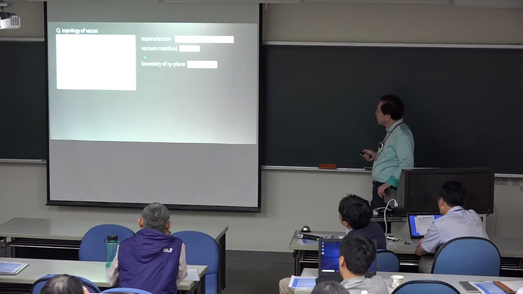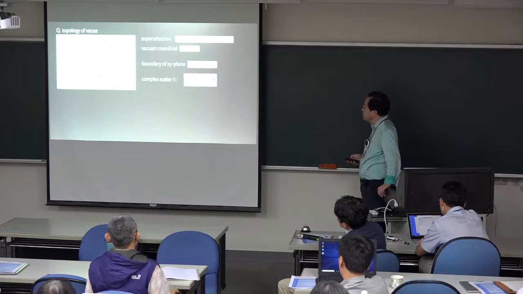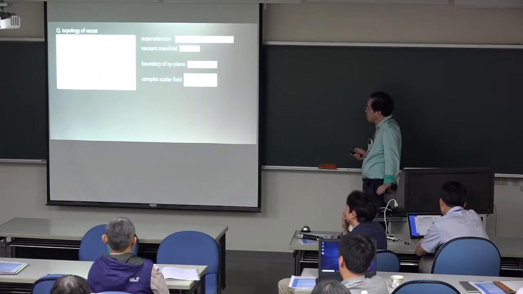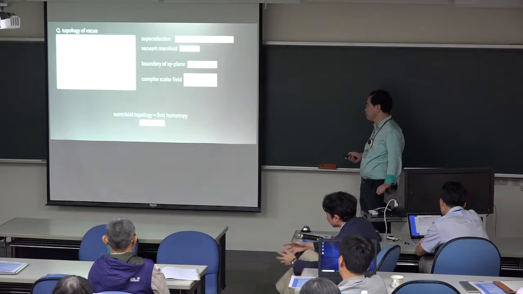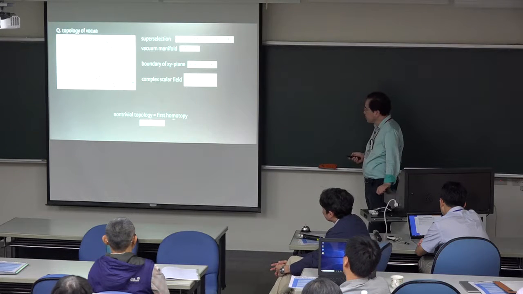So the boundary of the xy plane at infinity is also a circle. So the phase of the complex scalar field maps from S1 to S1. So the non-trivial topology is the first homotopy group, which is classified by the integer group.